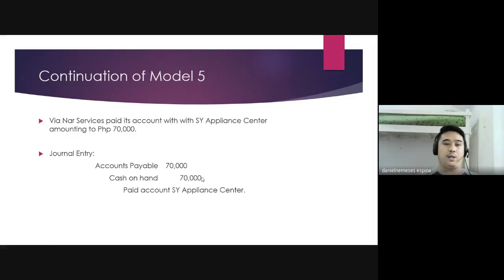So i-debit nato accounts payable, kay ma-decrease man atong accounts payable by 70,000, and then we use cash to pay, therefore mugamay atong cash or mo-decrease atong cash also by 70,000. Debit accounts payable 70,000, credit cash on hand 70,000. Explanation is paid the account of SY Appliance Center.